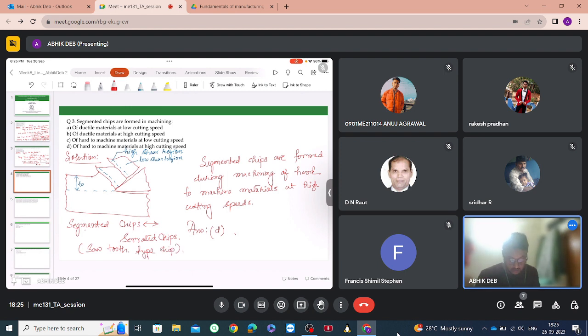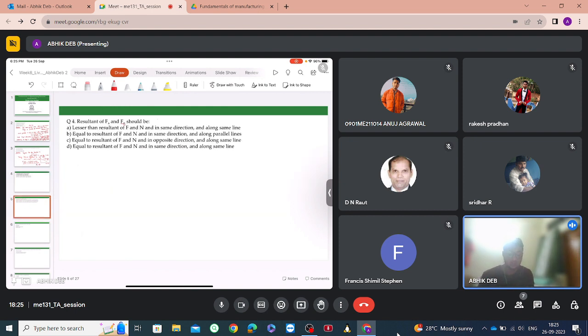Okay. So now coming to the next question, the resultant of Fs and Fn should be related to the resultant of F and N in which way? What are the conditions for the resultant of Fs and Fn in relation to the resultant of F and N?